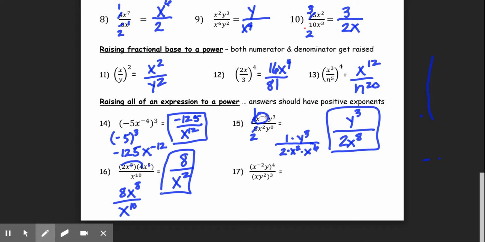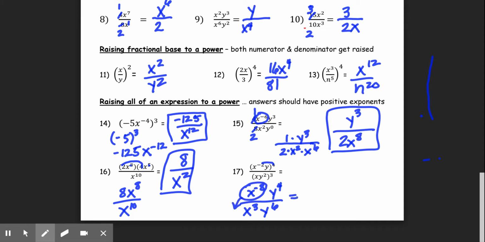All right, number 17. Now we do have a power on the outside. So power to a power, we're going to multiply the powers. So -2 times 4 is -8. Y to the 4th power, all divided by x cubed y to the 6th power. So this x to the -8, we're going to move down to the bottom.